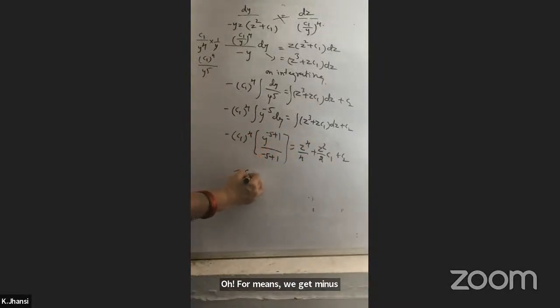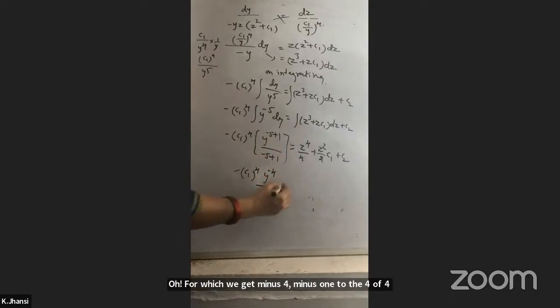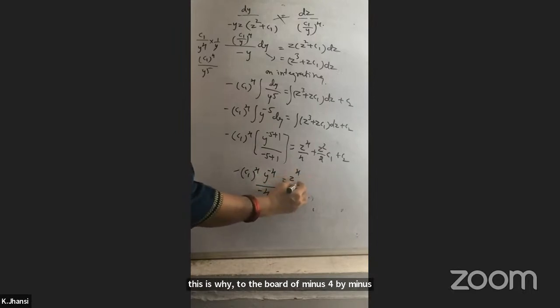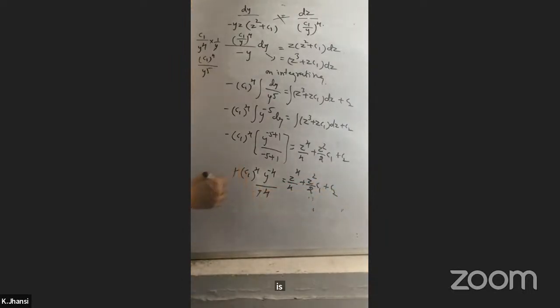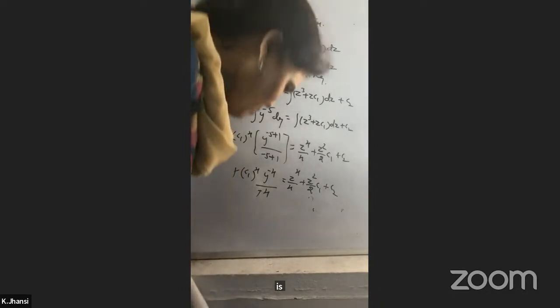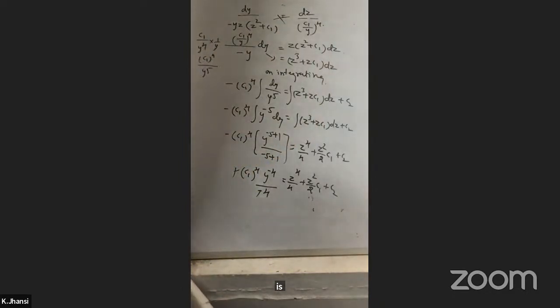So minus c1 to the power of 4 into y to the power of minus 4 by minus 4 equals z to the power of 4 by 4 plus z square by 2 into c1 plus c2. This minus minus you can cancel, and y to the power of 4, if it comes to the denominator, it will become y to the power of plus 4. Okay.